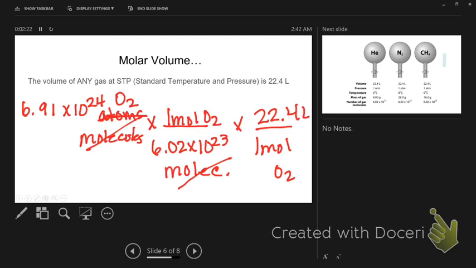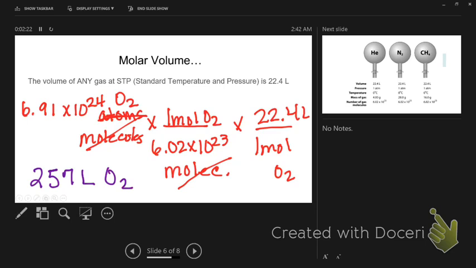Okay, so I'm going to put this over here in the corner because I'm running out of space there. I'm almost done. This is the last thing I'm going to do. Okay, I really appreciate you sticking with me today. Times 22.4. So here we have 257 liters of O2.